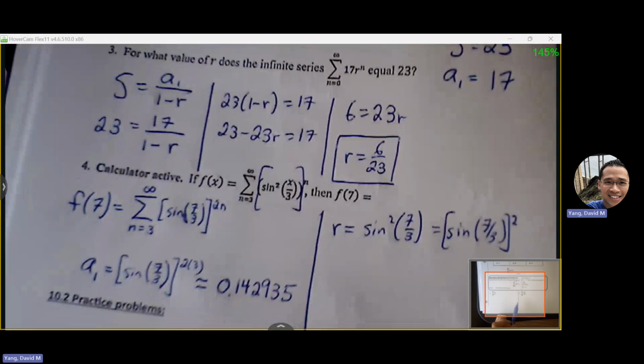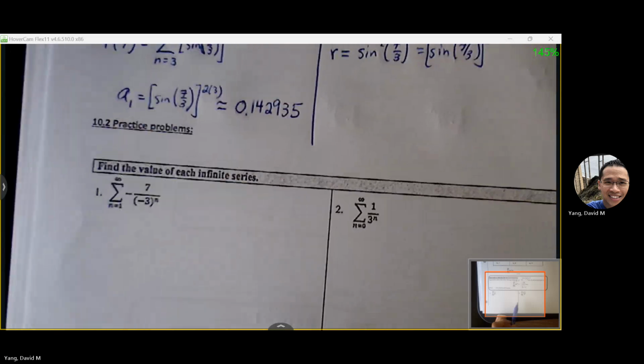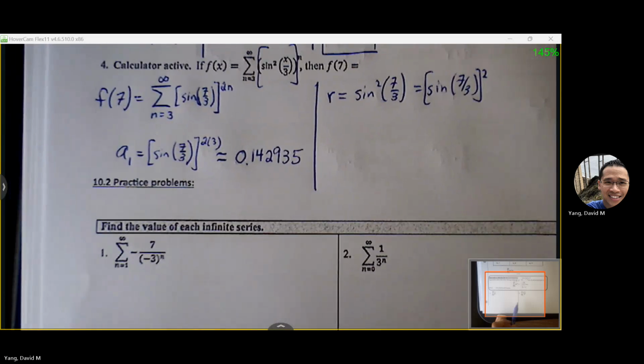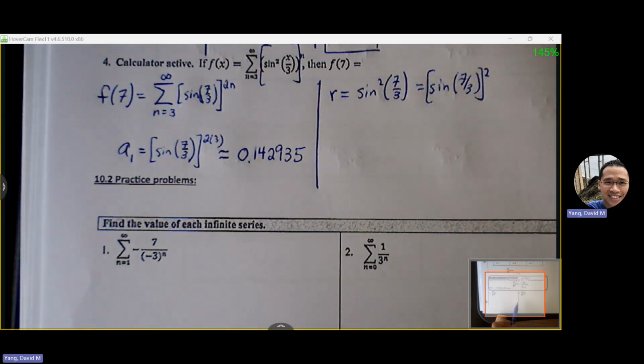Okay, so try number 1. Again, I think it helps sometimes to rewrite it in that a times r to the nth form, so that you can more easily pick out what your ratio is. Sometimes the problem is written in a way that is not as clean as it could be.